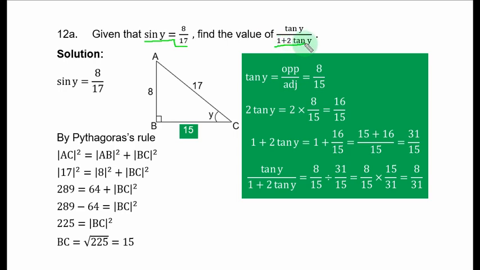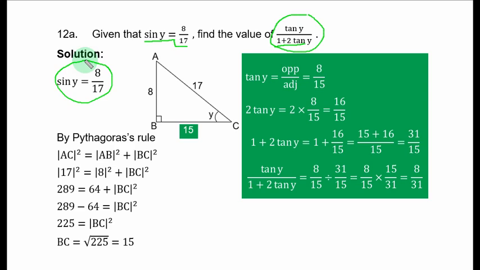You should note that tan is expressed as the ratio of opposite to adjacent, while sine is opposite to hypotenuse. It therefore means that the adjacent is needed before you can evaluate this term. So solution. The information about sine will be used to obtain adjacent.